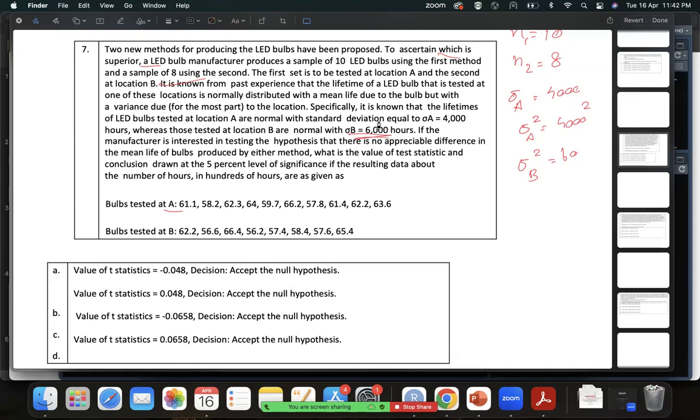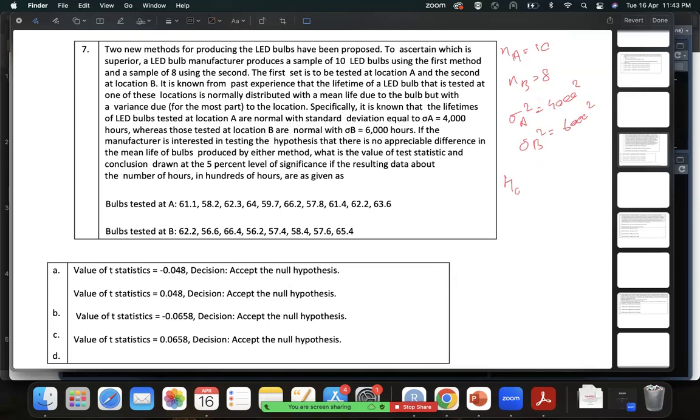Okay, we were here. NA is equal to 10, NB is equal to 8, sigma A square is equal to 4000 square, sigma B square is equal to 6000 square. The manufacturer is interested in testing the hypothesis that there is no difference.